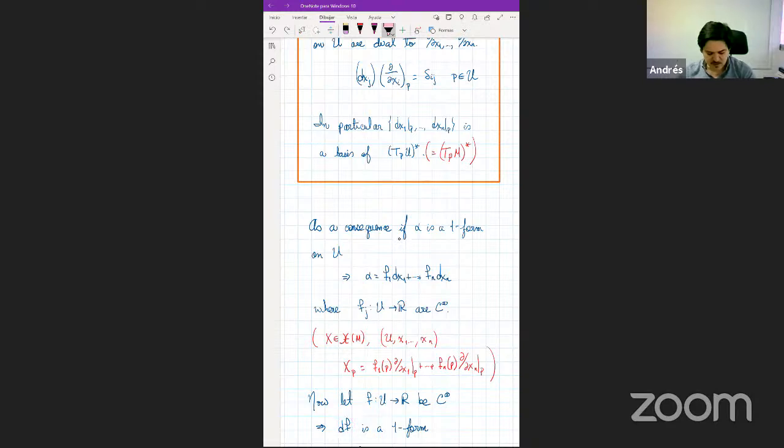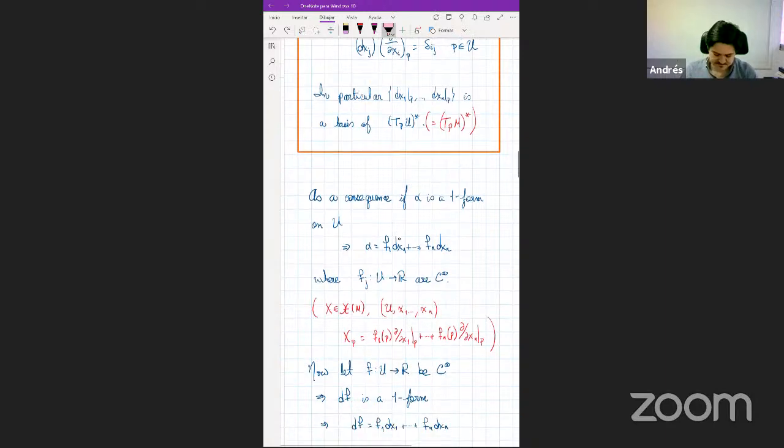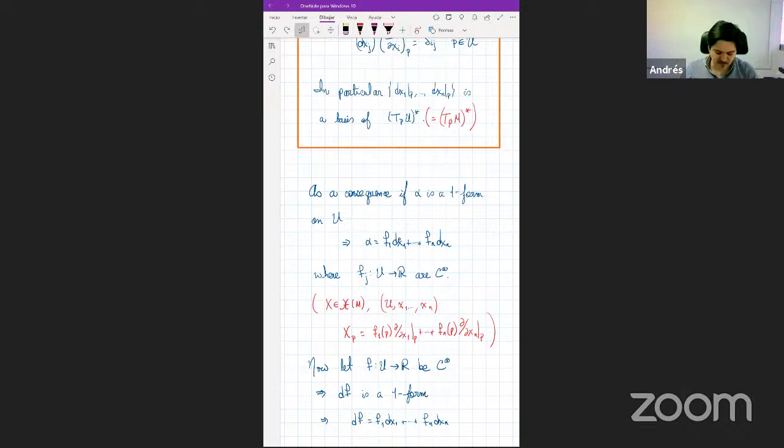Well, let's try to describe this one form in terms of this, meaning, what are the coefficient functions? So first of all, we know that this form looks like this. So what are the functions f_i?